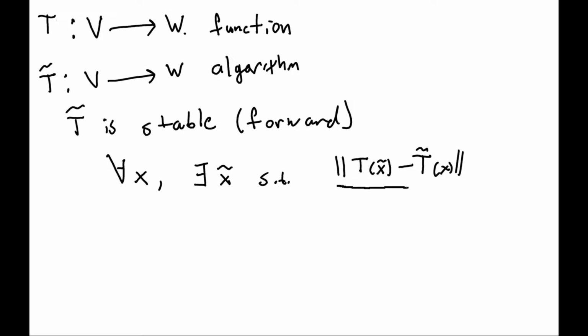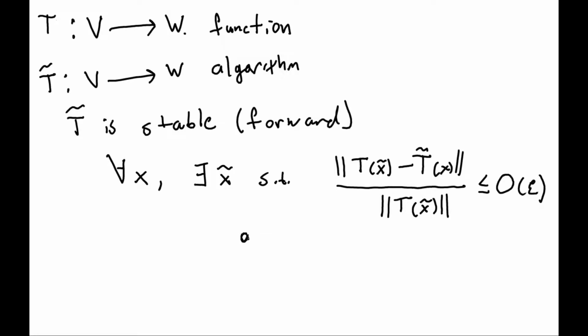And by close, I mean the following. I want this to be relative to the actual answer of the nearby point. So this relative error should be on the order of less than or equal to the machine error. So I'll use epsilon for machine error.